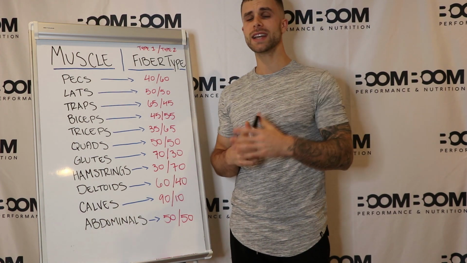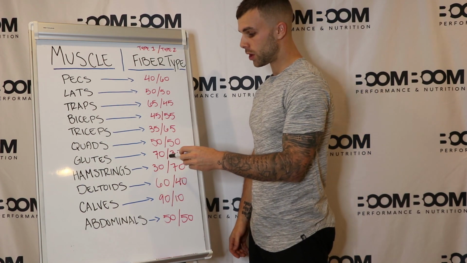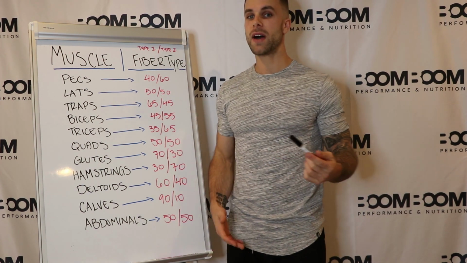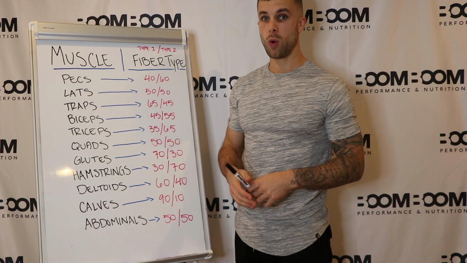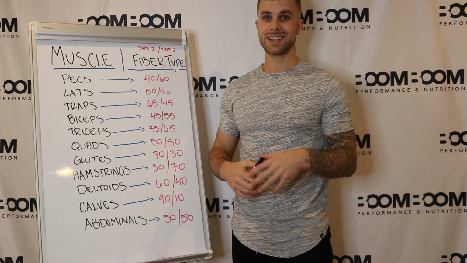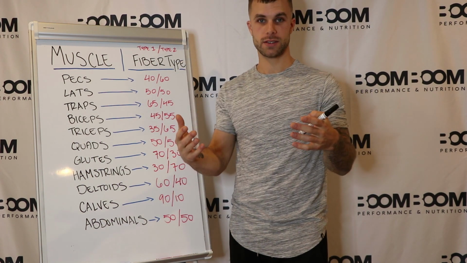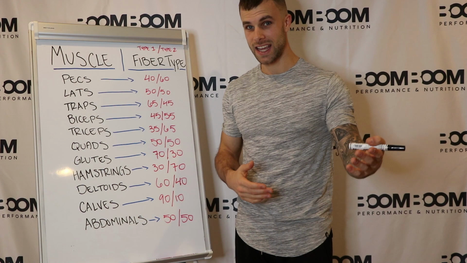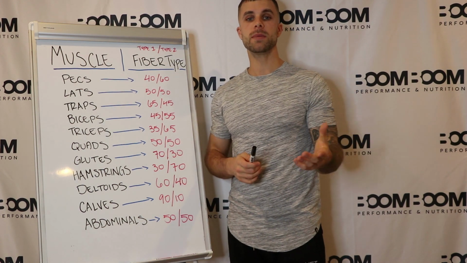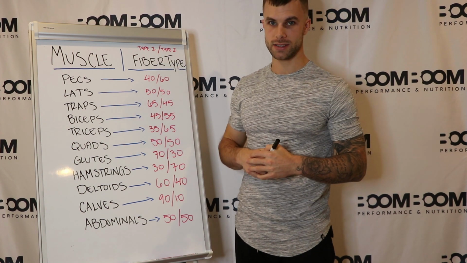Meaning, and you see this a lot in the elite programs, we might have a day where we go 5x5 deadlift, a glute dominant movement, or 4x6 to 8 reps hip thrust. That's a heavy type 2 fast twitch exercise to stimulate glutes. The next day we hit the glutes on another leg day, we might be doing 3 sets of 15 to 20, a type 1 dominant set.